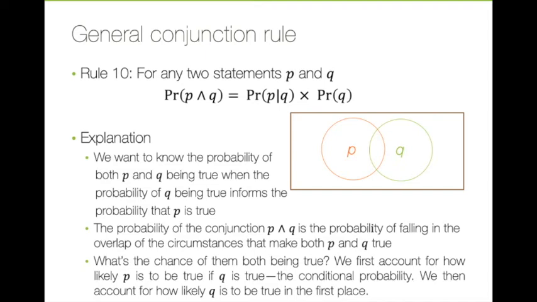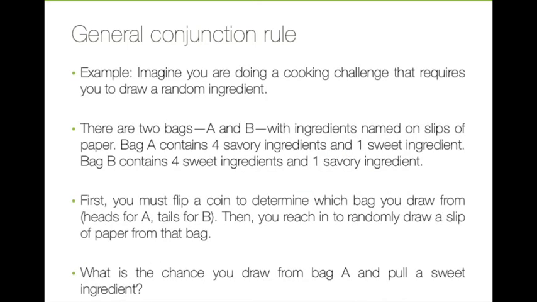So the size of the overlap is determined not only by the ratio of the P and Q region to the Q region, but also how big that Q region is in the first place. Only then can we say how likely we are to fall within that overlap of circumstances where both of these sentences are true. Now let's go over an example of how to use this general conjunction rule.